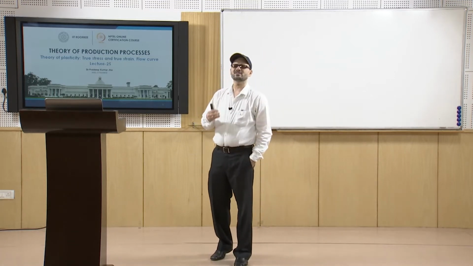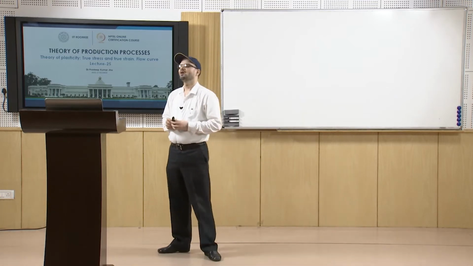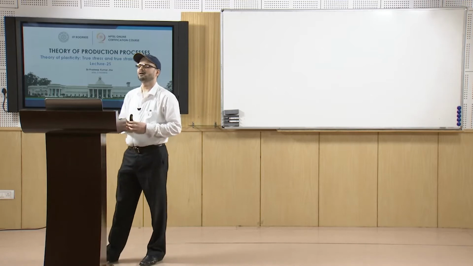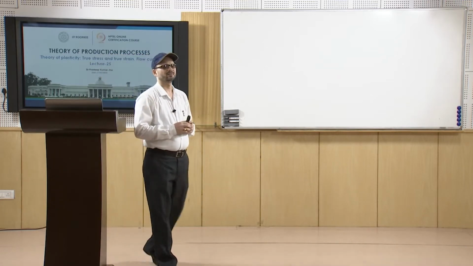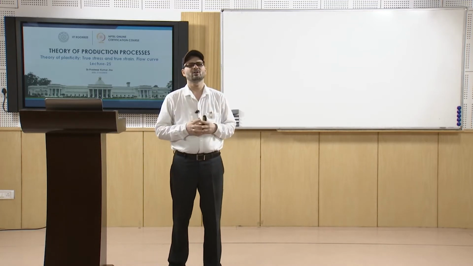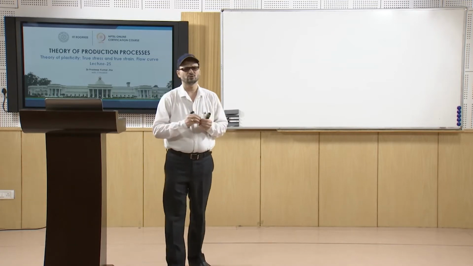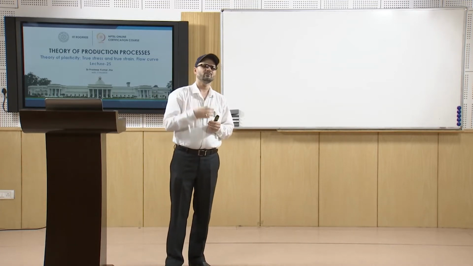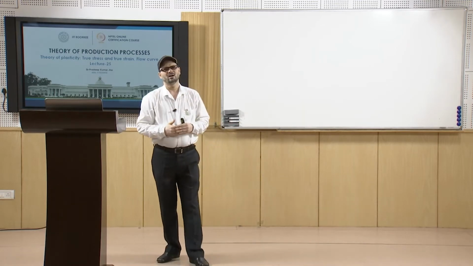There are certain characteristics of plastic deformation, and one of them is that it is an irreversible process. It is not a reversible process. In the case of elastic deformation, as we have come across, the process is reversible. You go up to a certain strain, and once you unload, the material comes back to its original position.